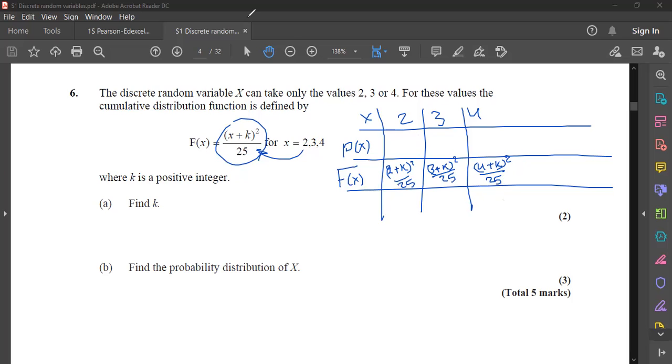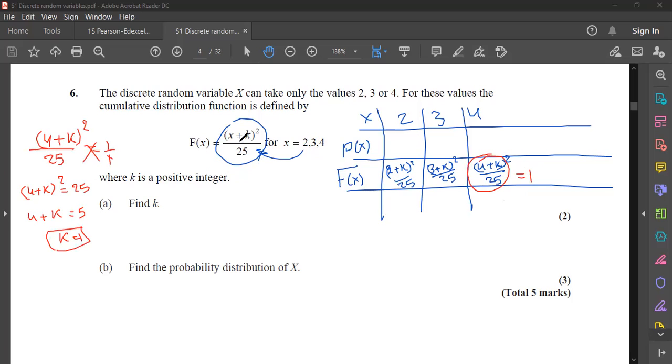Now, what is going to solve my question is the last value, which is supposed to be equal to 1. So 4 plus k squared over 25 equals 1, cross multiply. So 4 plus k squared equals 25. So k squared equals 1, so k equals 1.